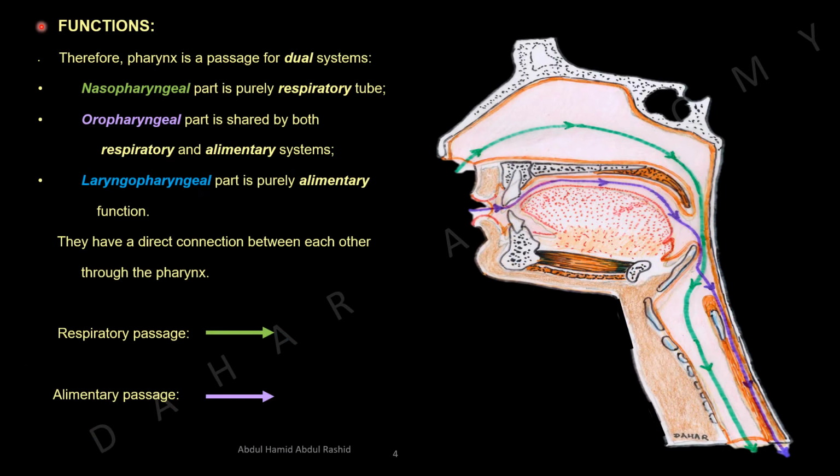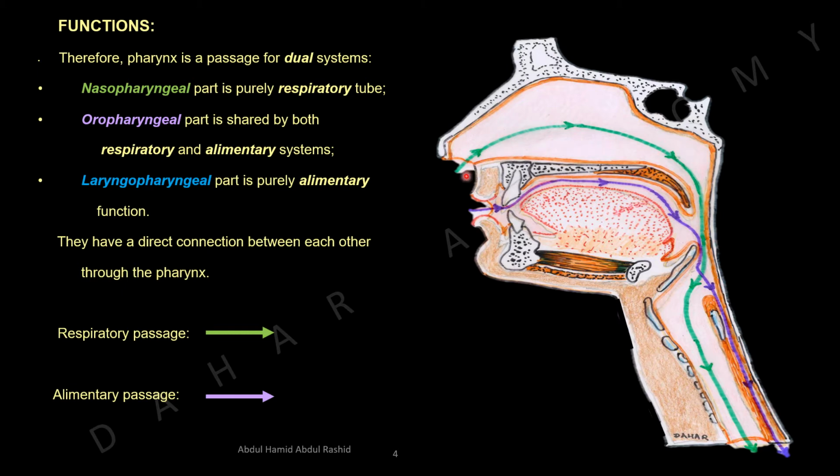Functions of the pharynx. Let's see the diagram first. This is the nasal cavity, nasopharynx. This is the oral cavity. This is the oropharynx. This is the laryngeal opening. This is the laryngopharynx. This is the trachea. And this is the esophagus. Look at the color of the arrows.